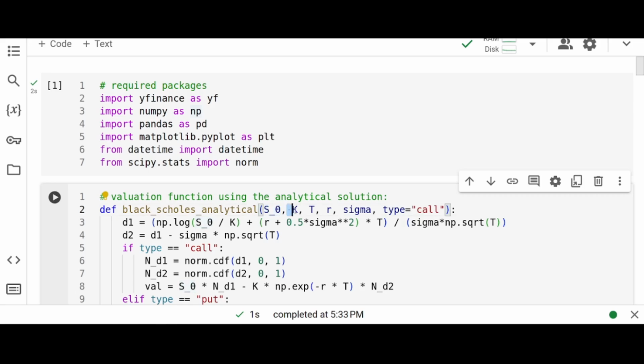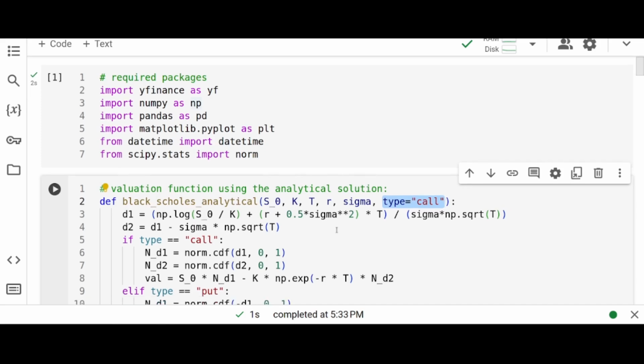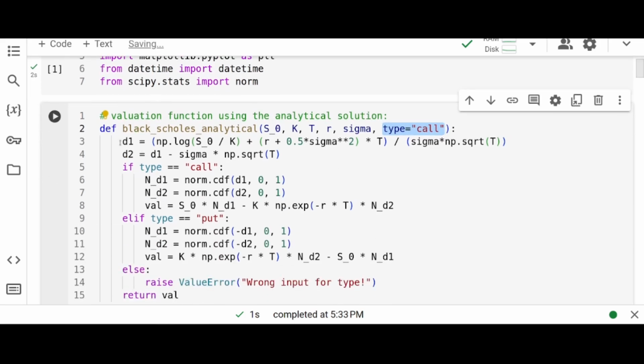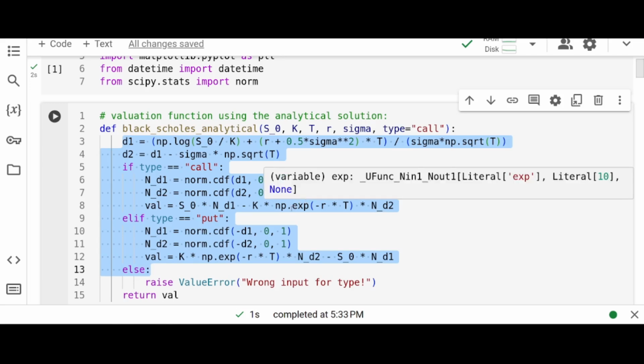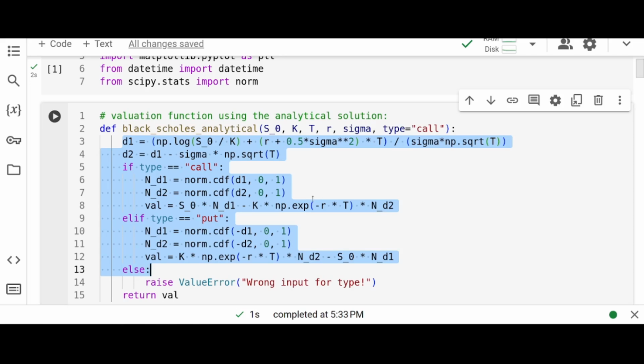So it takes the current price, the strike price, the time to maturity, interest rate, and the volatility, and the type of the option, in this case call option by default. So this is the function which calculates the Black-Scholes formula, which we already discussed in detail in previous videos.